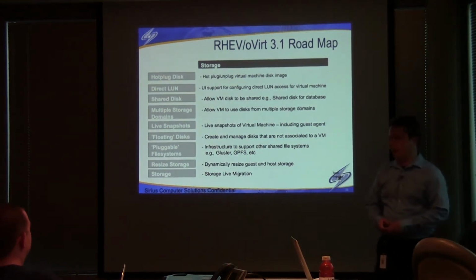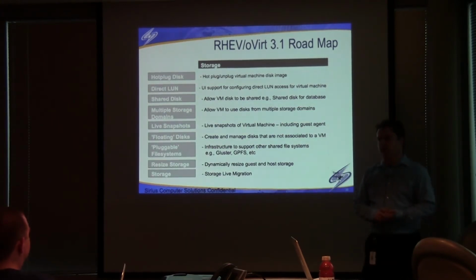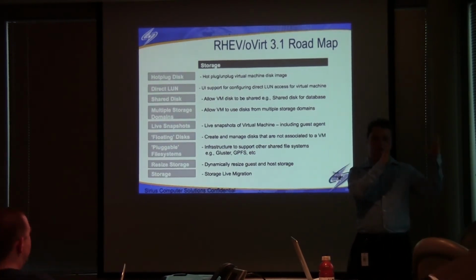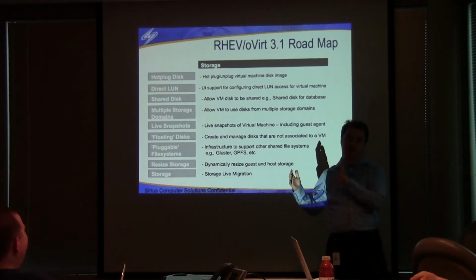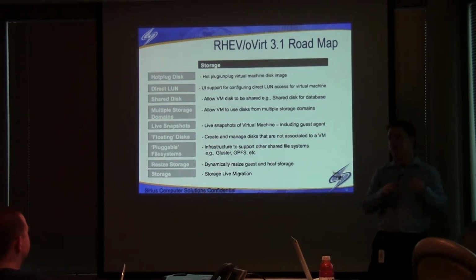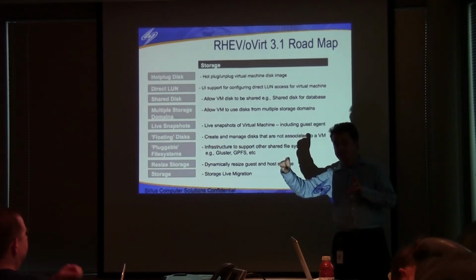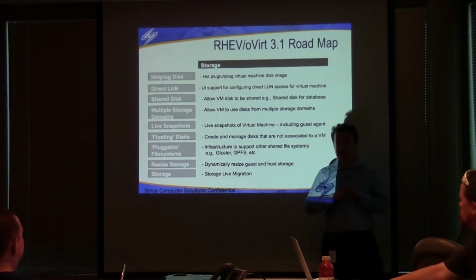So a lot of customers are looking at that. Is that the same as vMotion? So there's live migration, which will move an active virtual machine to another host. And then there's storage live migration. What that does is, block by block, it moves the image to a different data store, while keeping the virtual machine up.